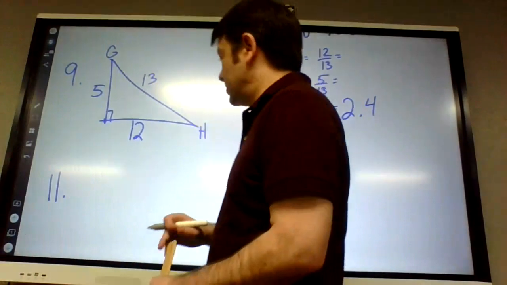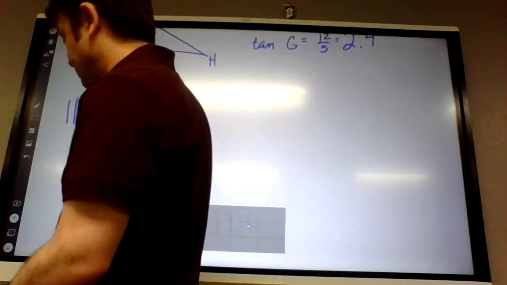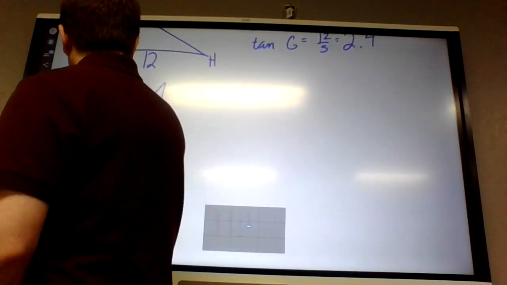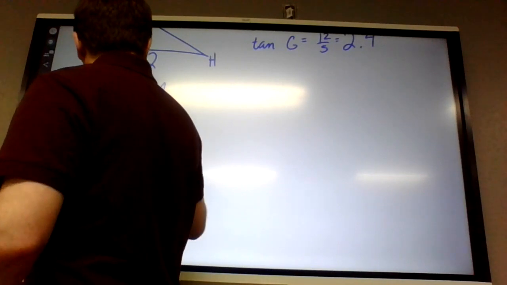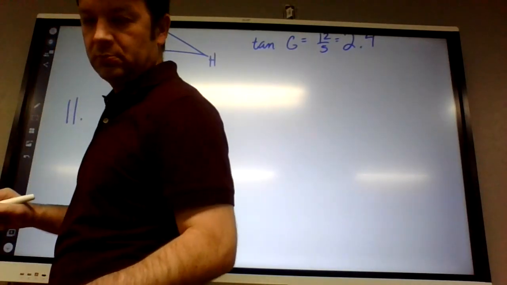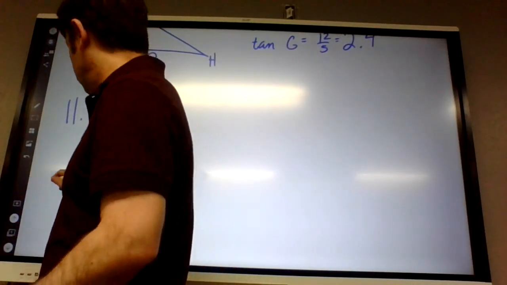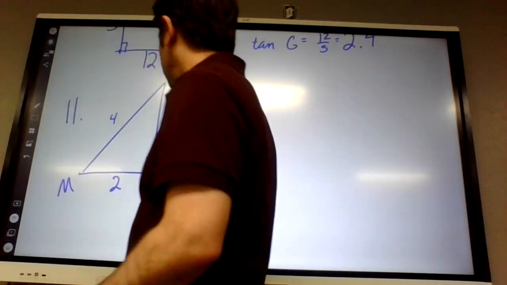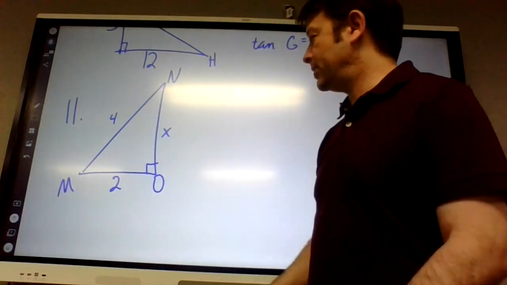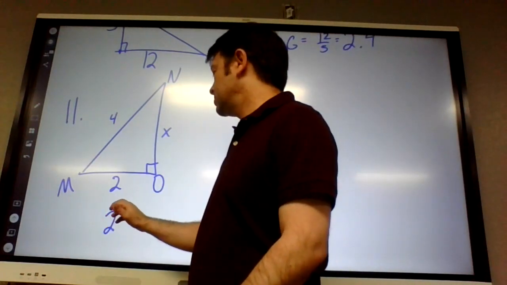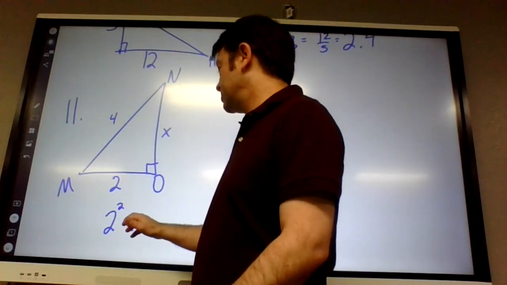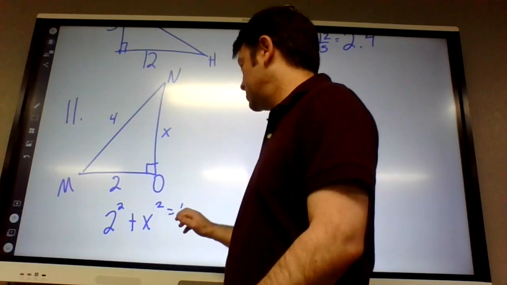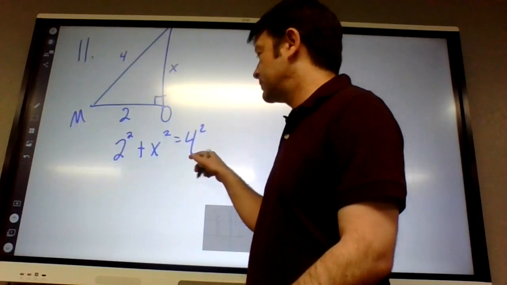Number 11 is a messier one. To find the long leg there, I would have to do 2 squared plus x squared equals 4 squared.